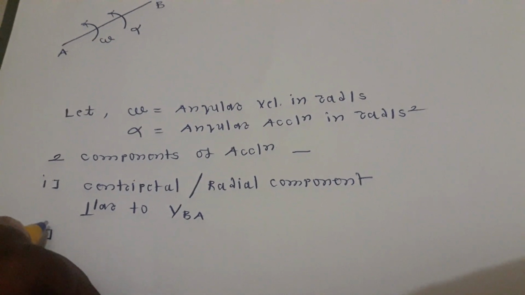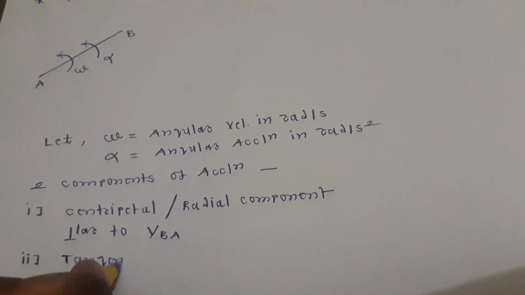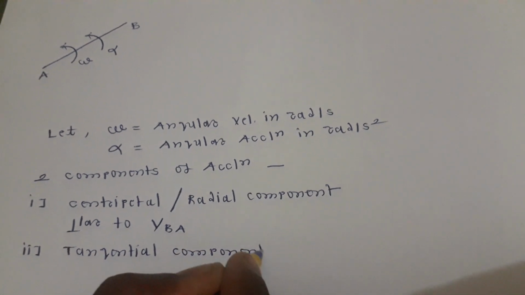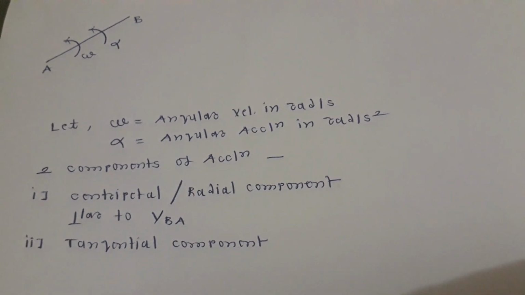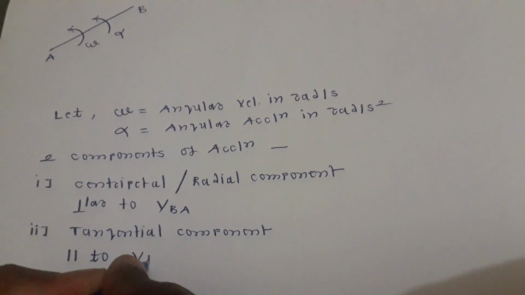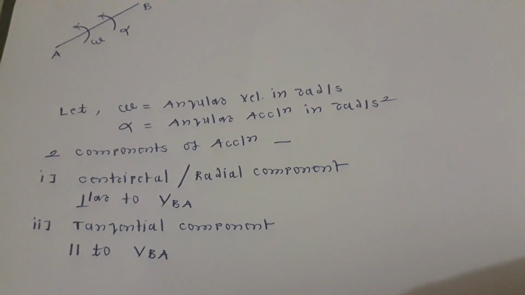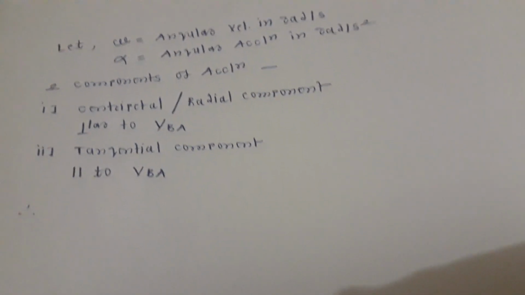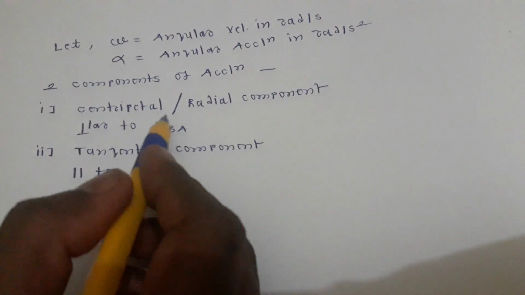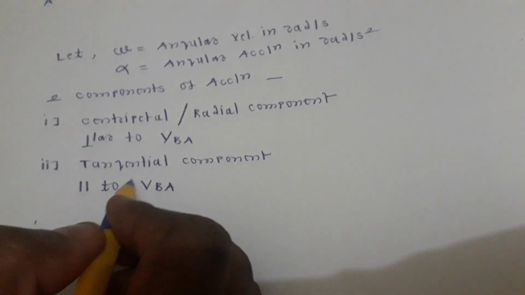Whereas the second one, the tangential component, acts parallel to the linear velocity of B with respect to A. Therefore, to calculate the magnitude of the radial or the tangential component, we can take the reference of these linear velocities.